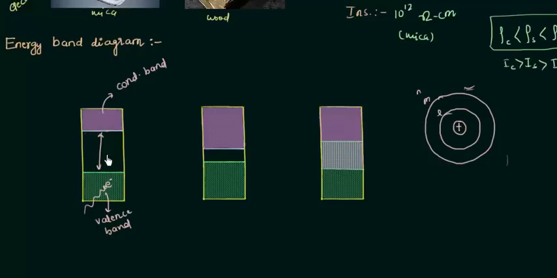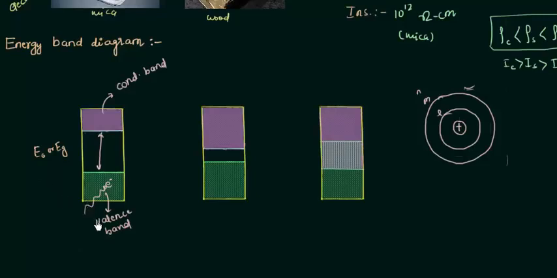We call it the forbidden band gap because no electron is allowed to stay in this region. That's why it is forbidden. I will represent this gap by E naught, and in some books they represent this gap by EG. So it doesn't matter, whatever representation you want to use, you can.